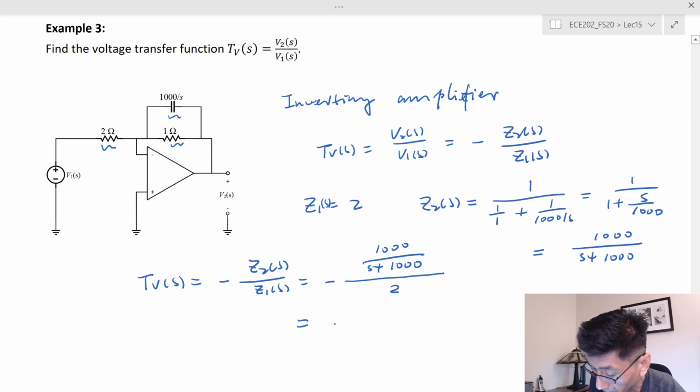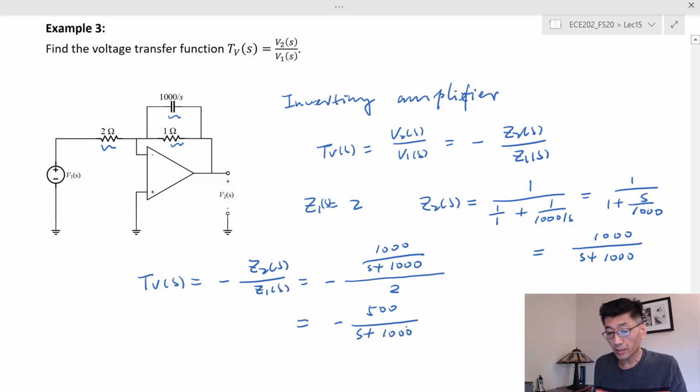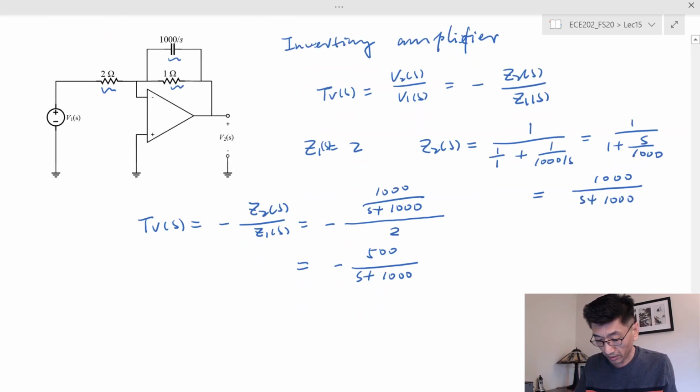So I get negative 500 over S plus 1000. Right, so that's the network function for this example. Let's look at another example.